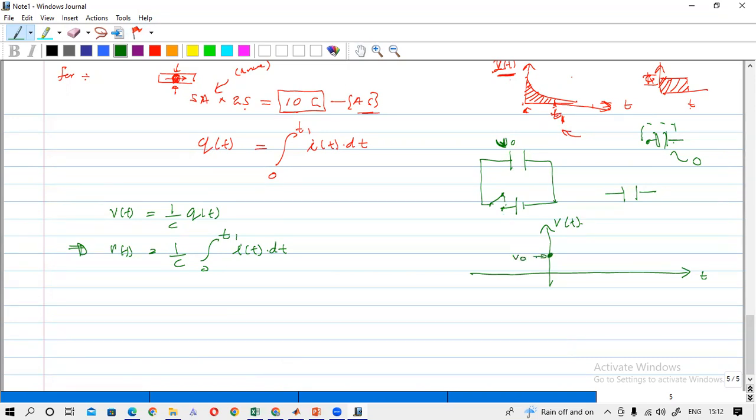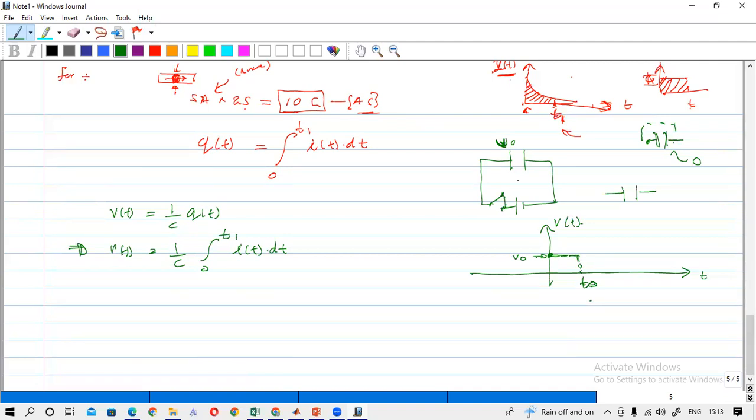Now let's say you are switching this at T naught time. So the initial voltage is there, and you have done this switching at T naught.